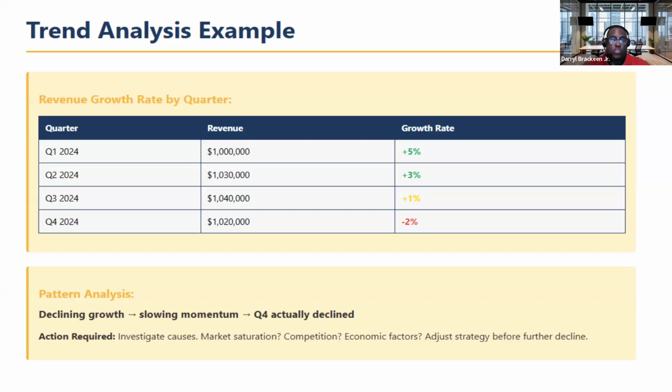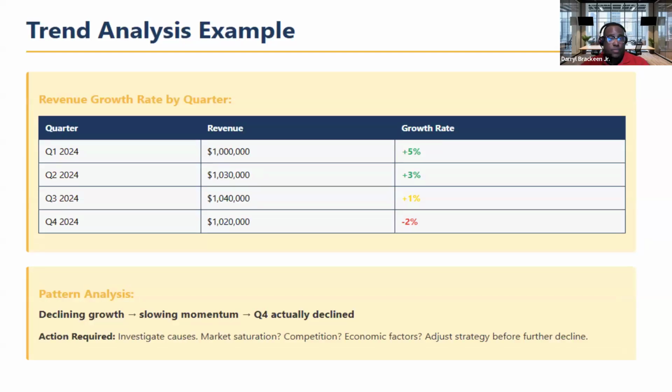Okay. And an example of this is looking at a trend analysis example here. So we're looking at the first quarter, which is showing us a revenue of 1 million in 2024, quarter one, and it's showing a 5% growth rate. And then you look at quarter two, you went up by 30,000 in the 1 million range. And then it shows you the growth rate of 3%.